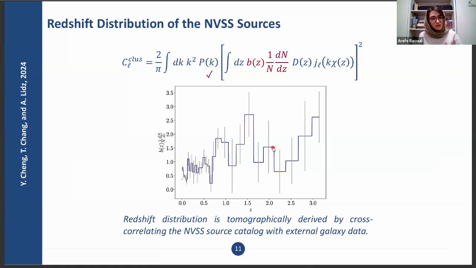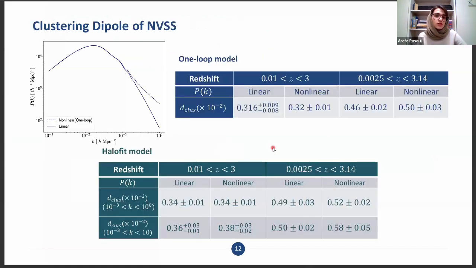So in these two tables, we can see the result of the amplitude of the clustering dipole for both the one-loop model and the halo-fit model. The one-loop model is based on the standard perturbation theory, capturing the nonlinear corrections up to the first order to the density field. But in the halo-fit model, they assume that the total matter is captured in the halos.